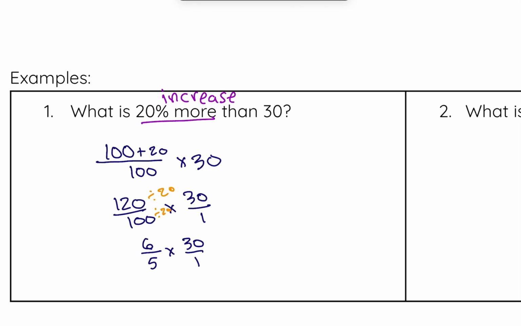We can simplify a little bit further by cross-simplifying, since 30 and 5 are both divisible by 5. 30 divided by 5 is 6, and 5 divided by 5 is 1. So we end up with 6 times 6 up top, which is 36, and 1 times 1 on the bottom, which is 1. 36 divided by 1 is just 36. That means that 20% more than 30 is equal to 36.